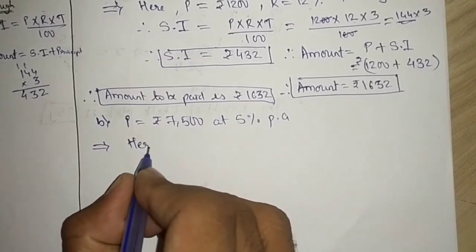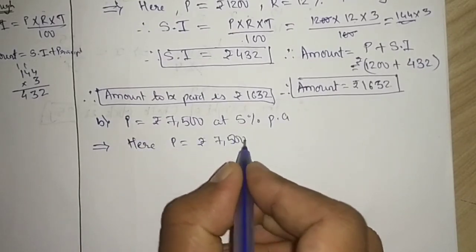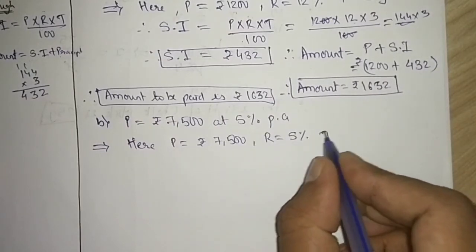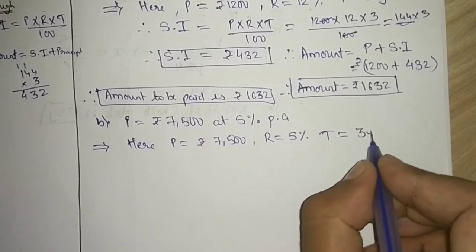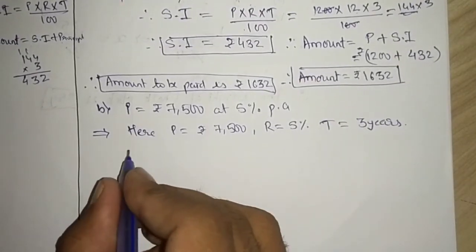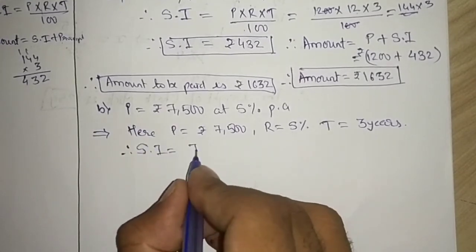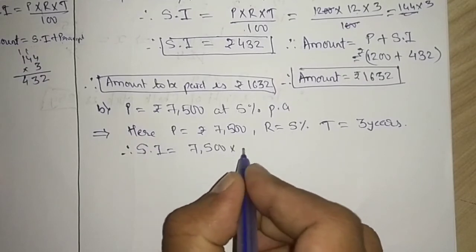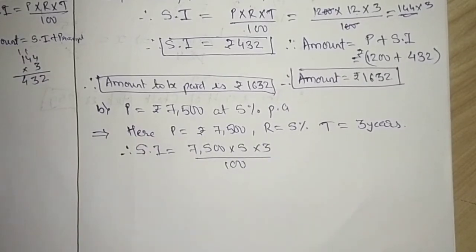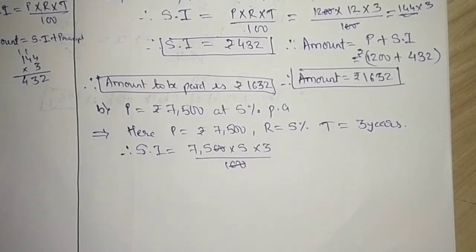Here P is equal to rupees 7500, R is equal to 5% and T is 3 years, because in both cases it was 3 years. So I will put simple interest is equal to P into R into T divided by 100. 2 zeros will cancel out.